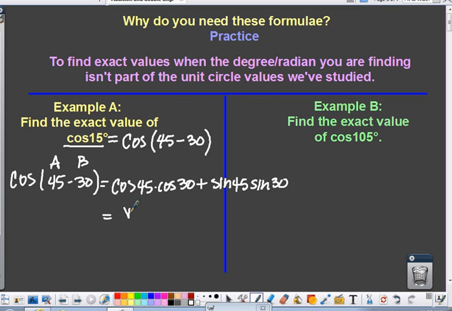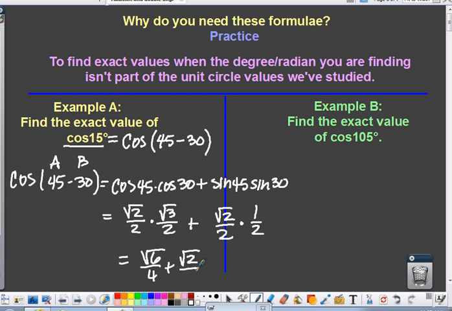That gives us root 2 over 2 times root 3 over 2 plus root 2 over 2 times 1/2. Okay? So what we end up getting here is root 6 over 4 plus root 2 over 4.